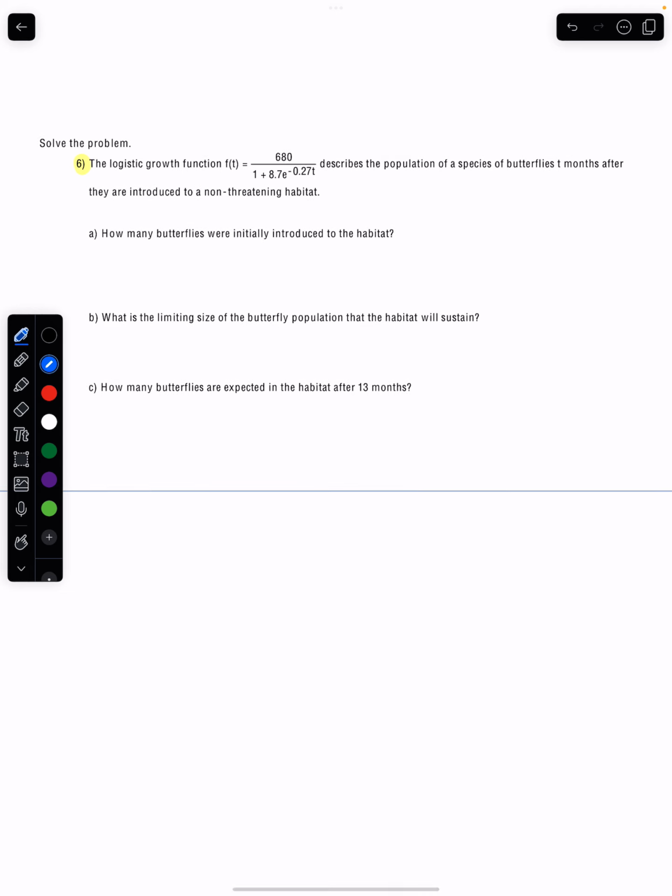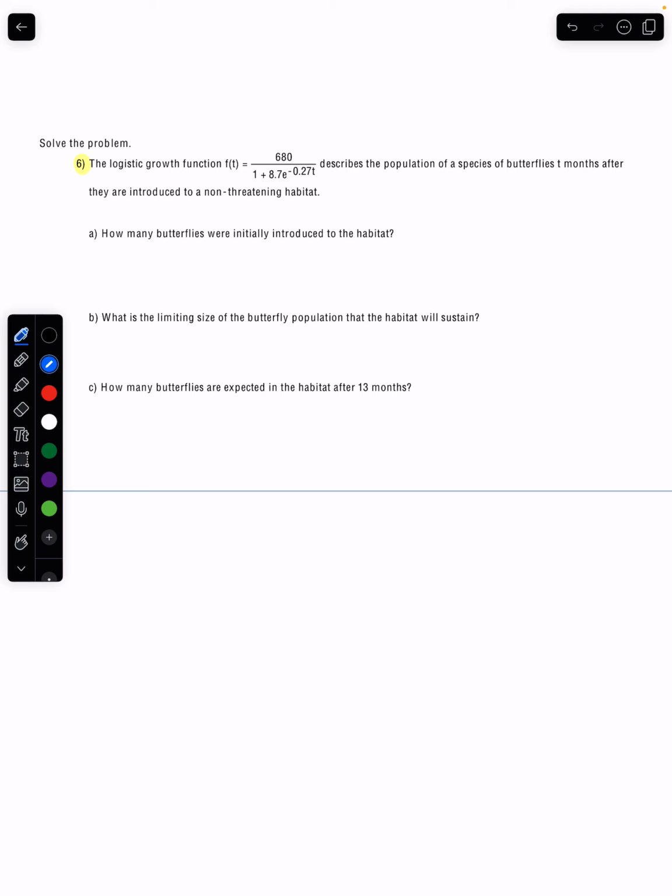Now for the last problem, number 6. It says solve the problem. The logistic growth function, f(t) equals all that, describes the population of a species of butterfly t months after they are introduced to a non-threatening habitat. How many butterflies were initially introduced to the habitat? So to ask this, this would just be plugging in 0 for time.